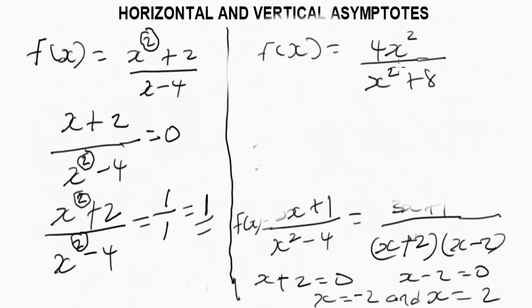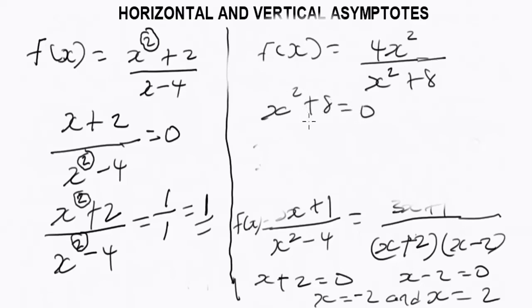In this situation, I feel nothing will be able to cancel out, but let's check. As you can see, you cannot factorize the denominator. So since you cannot factorize the denominator, what you have to do is equate it to 0. So you're going to have x squared plus 8 equals 0.